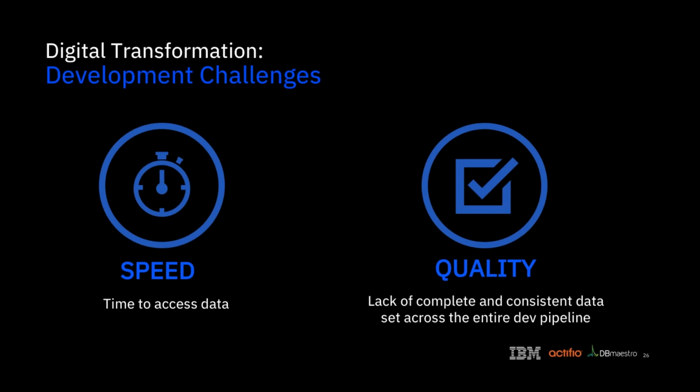So we can get faster speeds by getting these database copies more up to date faster, and also by getting those copies of those databases earlier, we can get more efficient quality, because now we're developing on a data set that's reflective of the actual customer data or the actual data we're using versus some kind of manufactured subset or manufactured data that's quite old.